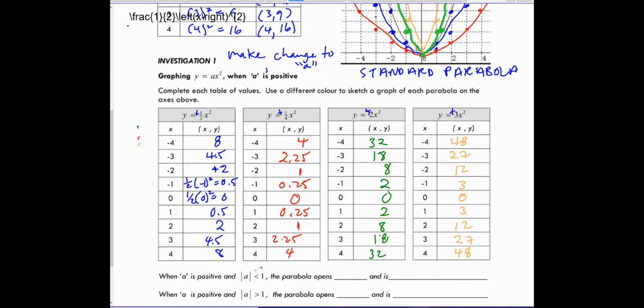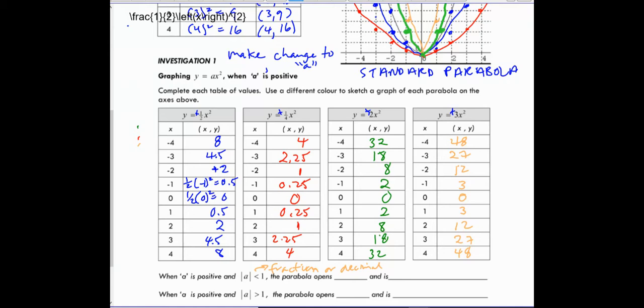Less than 1 means a fraction, usually, right? A fraction or decimal. If we get a fraction like these two, what happened? They went wider, and the parabola became more open.